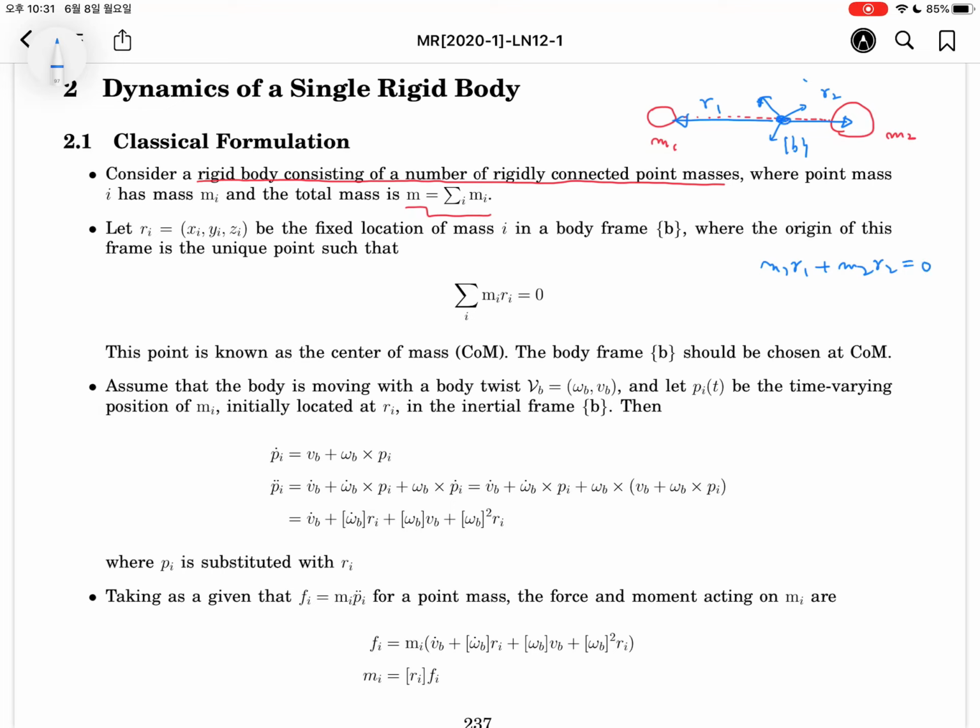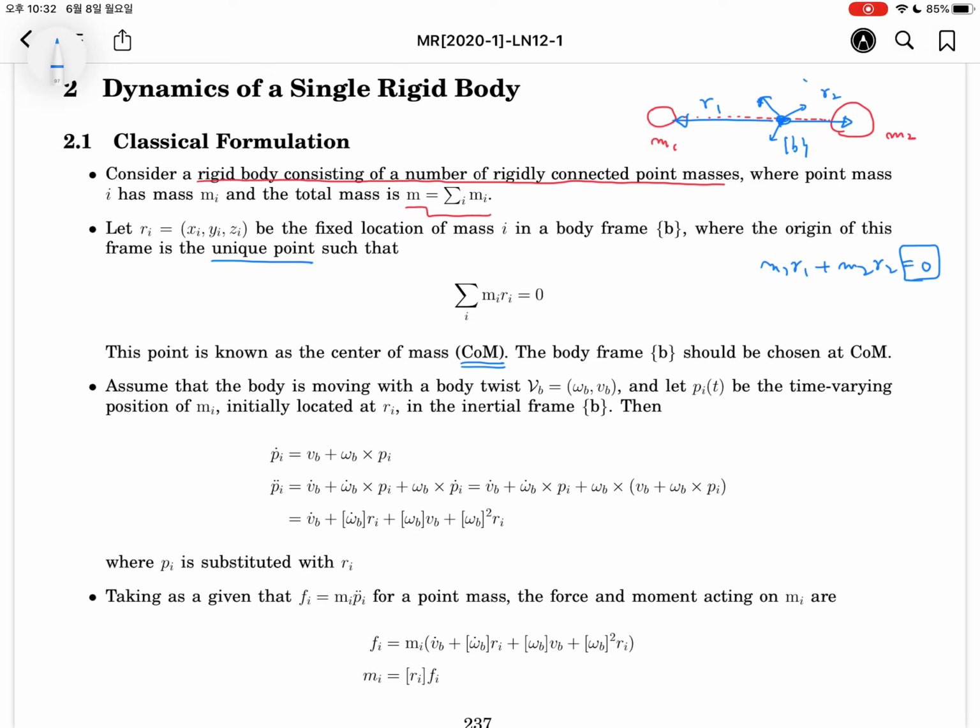Is it right? Because R1 has the opposite sign of R2. This equality is satisfied at that time. This location will be unique. This unique point is called the center of mass.